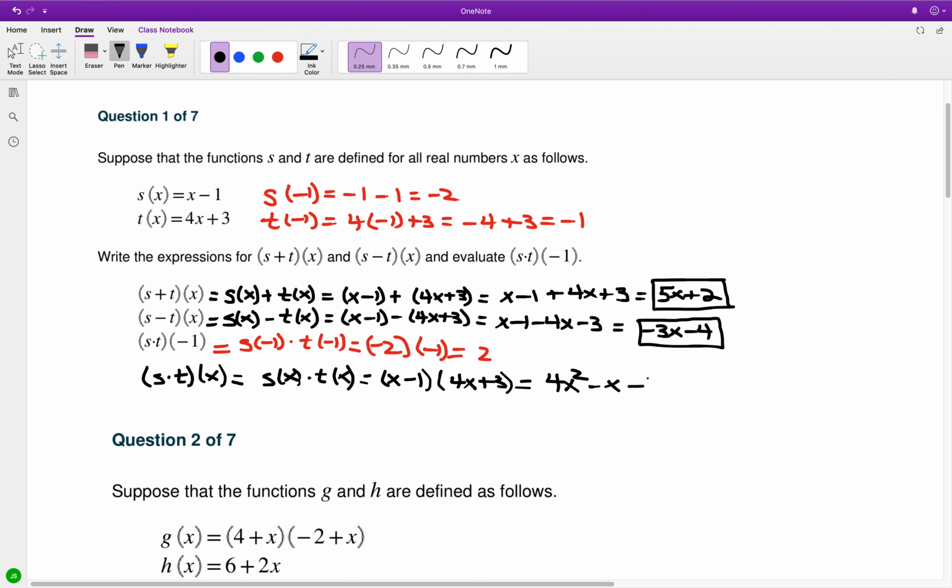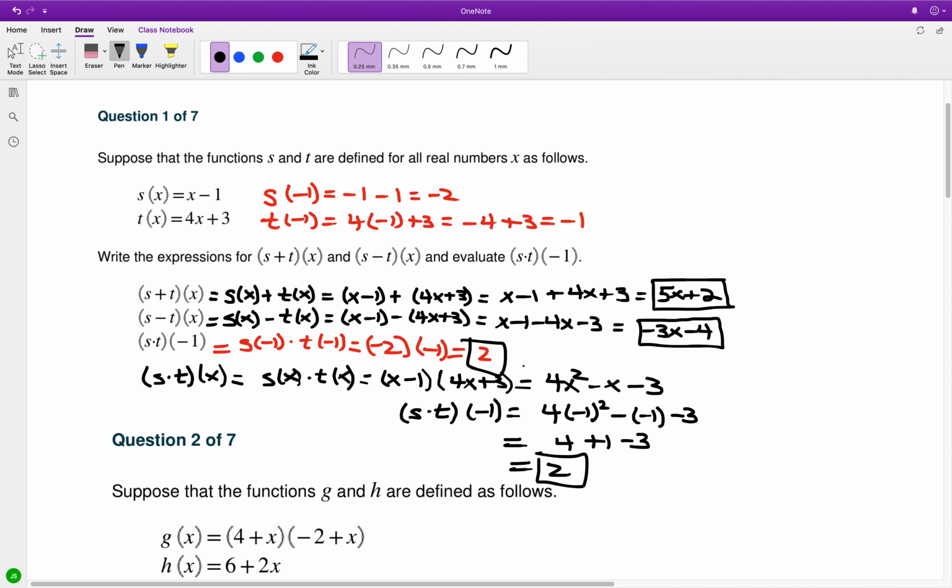Negative 1 times 3 becomes negative 3. On this basis, s times t of negative 1 is 4 times the square of negative 1, minus negative 1, and then minus 3. Negative 1 squared is 1 times 4 is 4, plus 1, minus 3; 5 minus 3 also comes out to 2. So either approach is going to work.